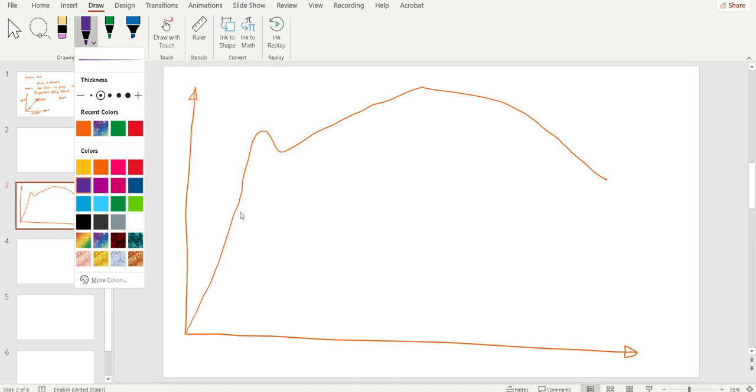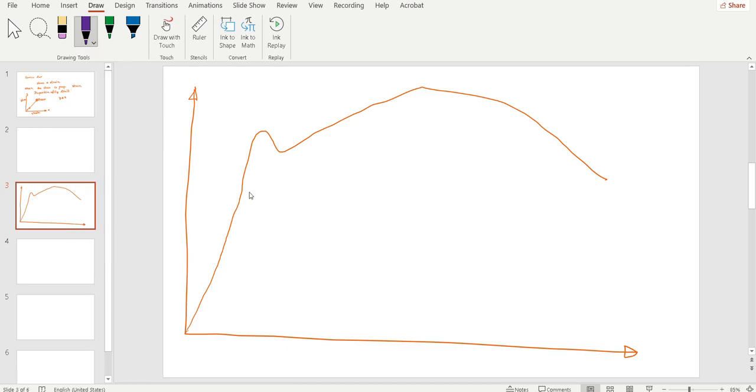So this is the stress-strain curve, and this region is called the linear elastic region.